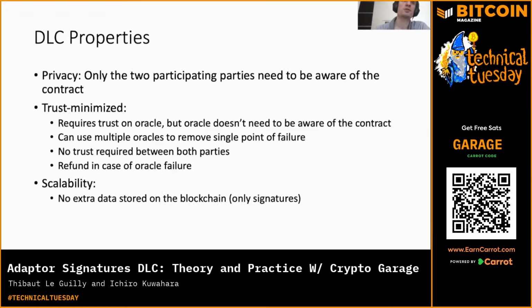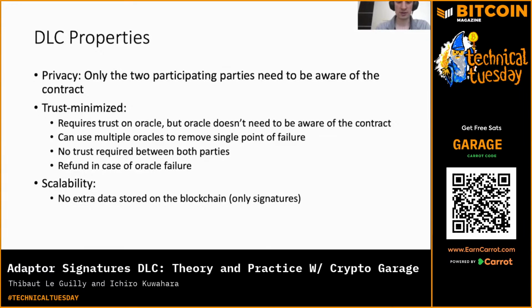So some nice properties about DLC is privacy. Actually, only the 2 parties that enter into the contract need to be aware of the contract. And in particular, the oracle doesn't need to know about the contract, which is quite nice and quite different compared to some other decentralized finance protocols where there is a lot of information on chain, which is visible by everybody.